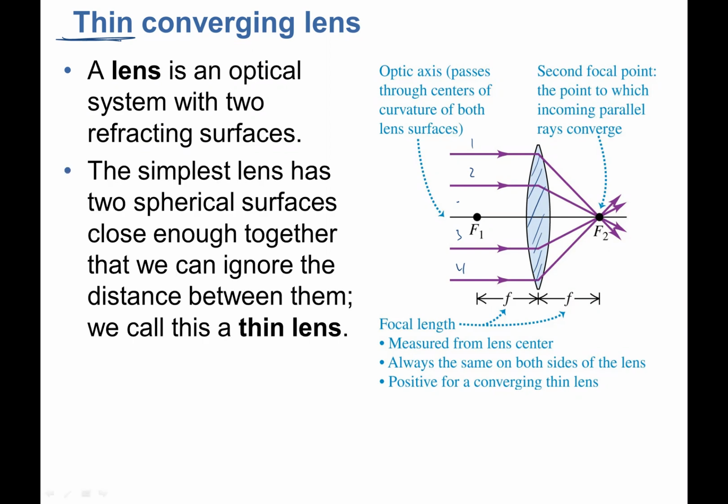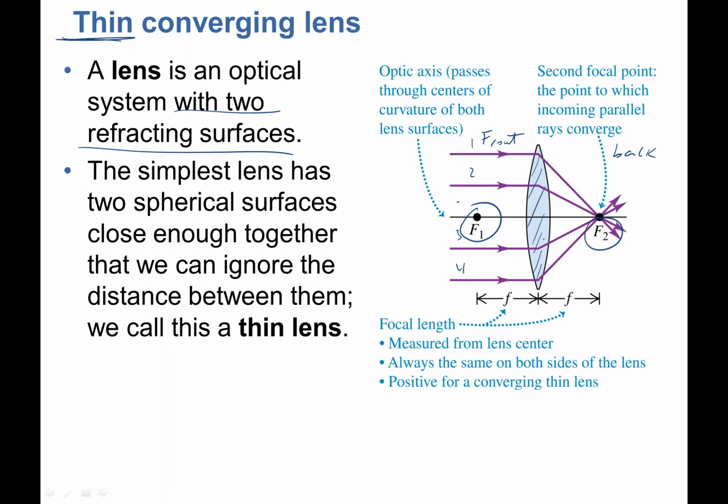The lens has two refracting surfaces: here's the front and here's the back. It also has two focal points, because remember it has two radii, like I explained in the previous slide. Here's focal point 1, here's focal point 2. But it has one focal length, because f1 and f2 are the same distance from the lens.